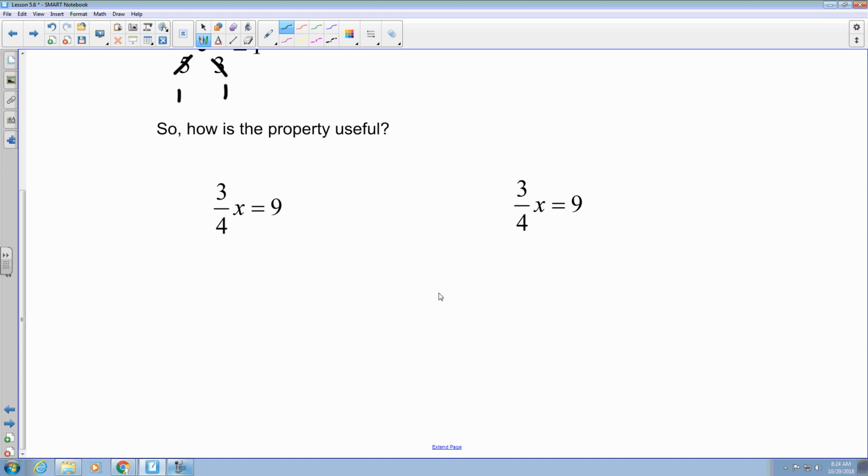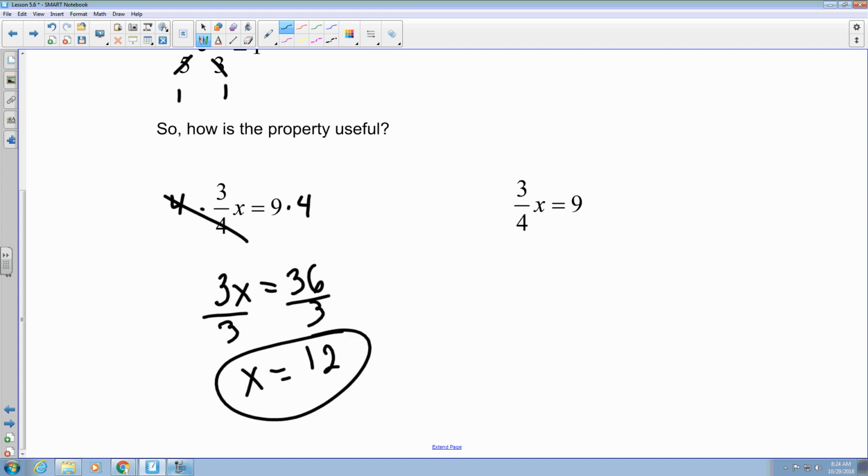What we would do before is multiply by 4 here, multiply by 4 here, and get this to cancel. Then we'd have 3x is equal to 9 times 4, which is 36. Divide that by 3, and x would equal 12.